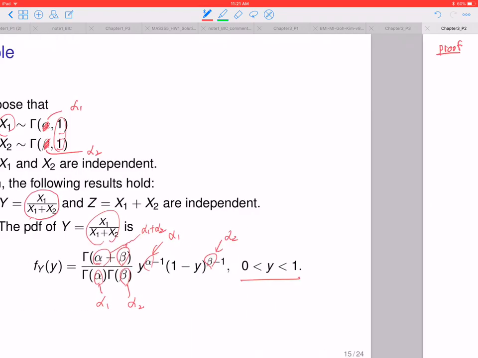So, proof. First consider a transformation, the mapping from x1, x2 to y and z, which is y equals x1 divided by x1 plus x2, and z equals x1 plus x2.